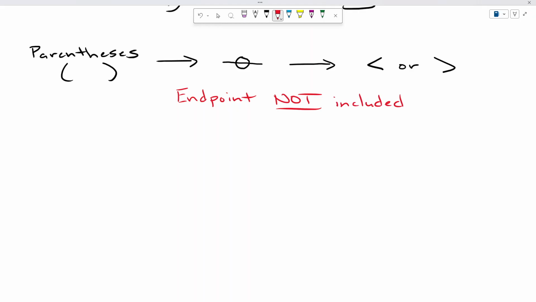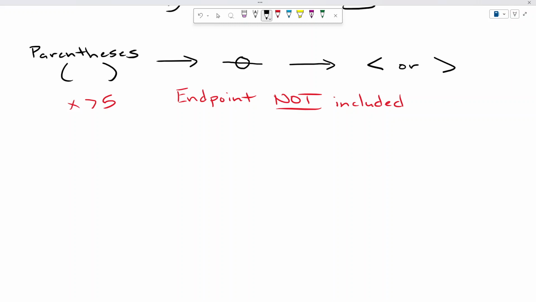Very important to remember when we have parentheses, like we saw in the last one, we had 5 comma infinity. The inequality was x greater than 5, so x can't be 5. That's why we use parentheses, because we're saying that the endpoint, in this case the 5, is not included in the solution set.